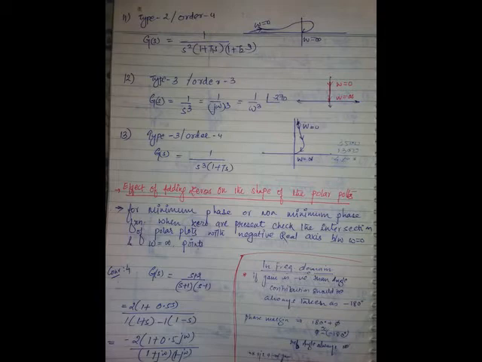What is the phase angle of this function? Phase angle is minus 180 minus tan inverse of omega. And what is the magnitude of this function? Magnitude is 1 by omega square root of 1 plus omega square.